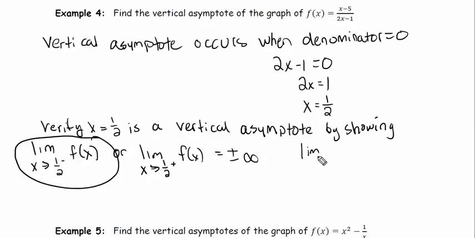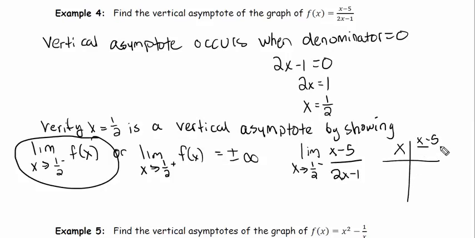So I'm going to show the limit as x approaches a half from the left of f of x, which was x minus 5 over 2x minus 1. So if I substitute in some numbers that are to the left of a half, but really close to a half, I might pick numbers like 0.49, 0.499, and 0.4999.